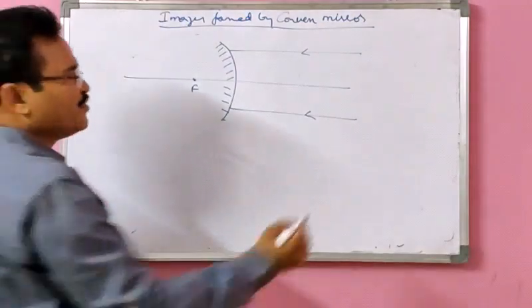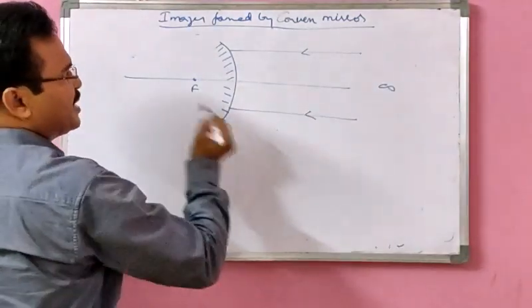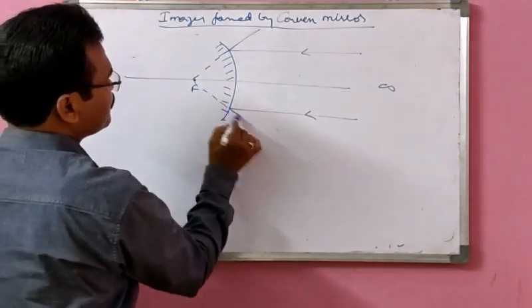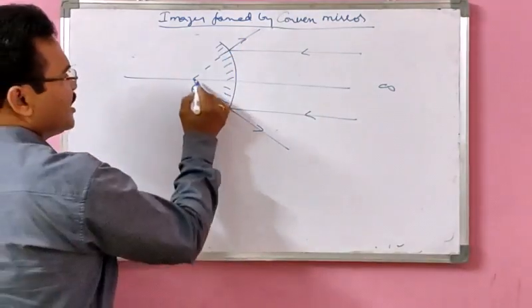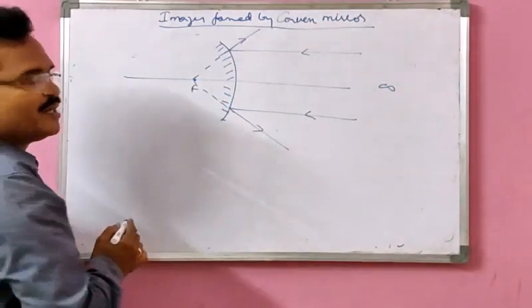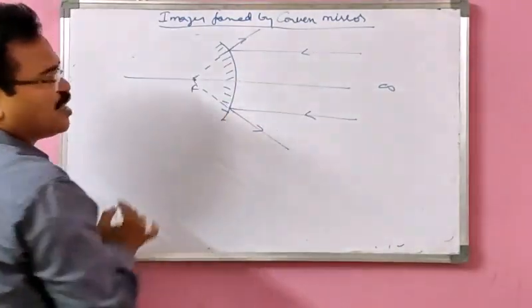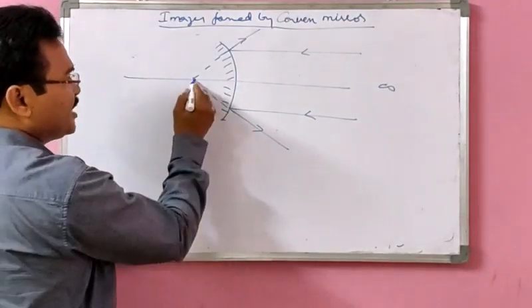If the object is at infinity, for example, object is placed at infinity, so the rays come parallel. So after reflection, they appear to diverge, and you can see a virtual image is formed at the focus. So if the object is at infinity, image formed at the focus is very small, that means point sized.